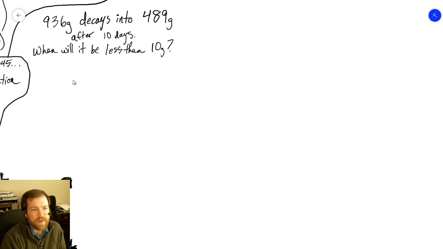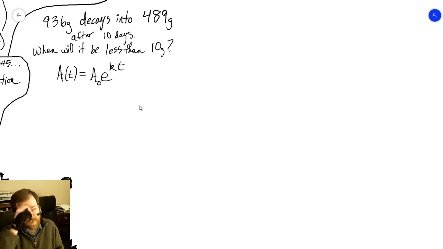So we know that, for instance, A of t is going to be a sub 0. We can now do this as e to the kt, just because this is going to be some unknown, you know, we're not going to find half-life in this, so we're not going to use a particular base. So we could just use e.